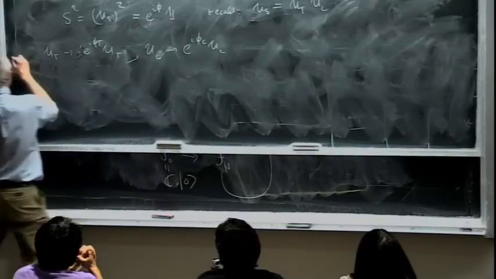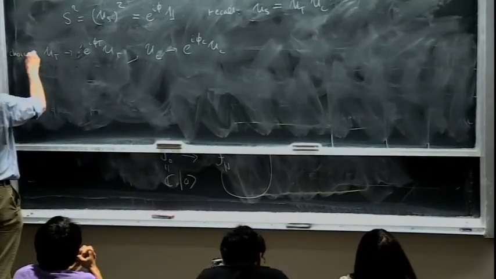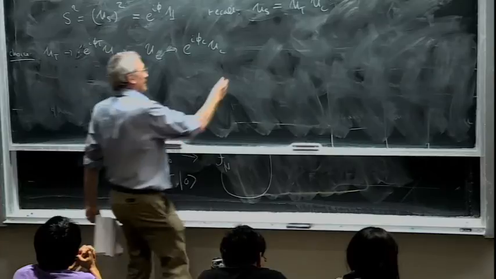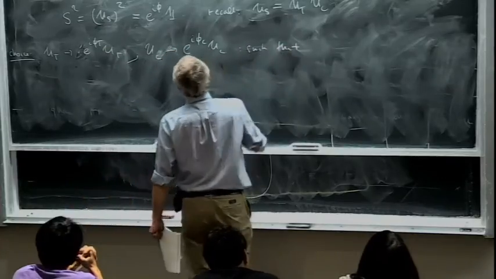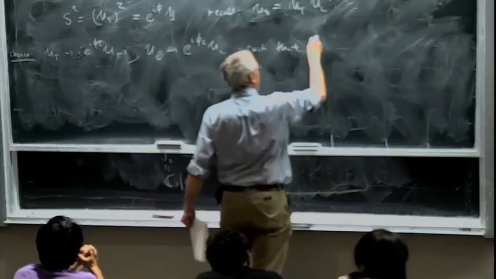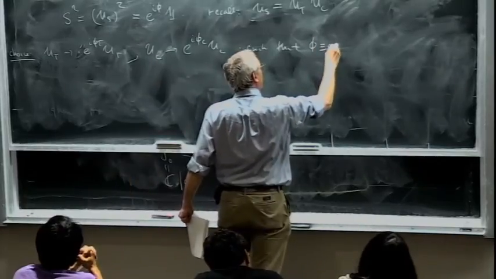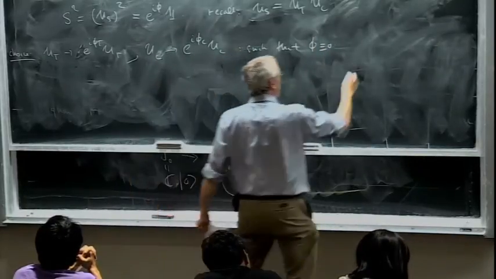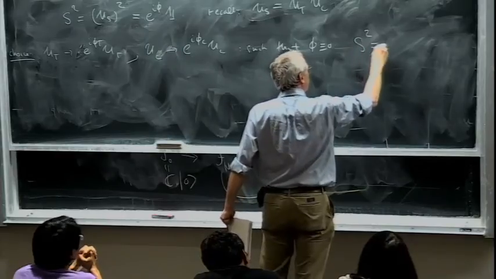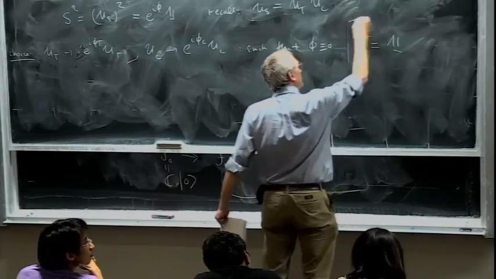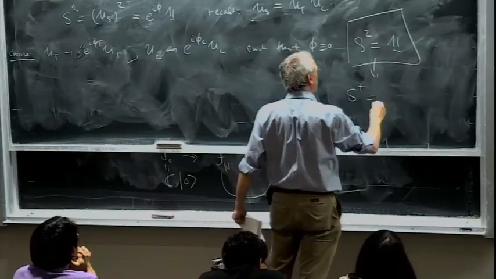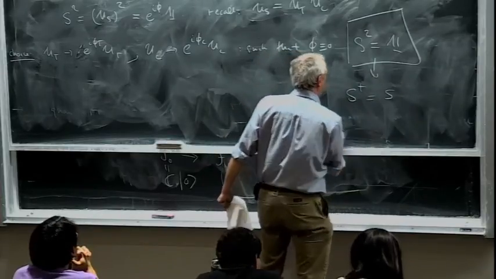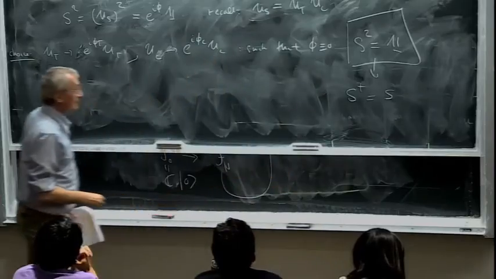So we can make a phase choice such that that phase is 0. And when we made that choice, S squared is just 1, which means that S dagger is S inverse is S. Okay?